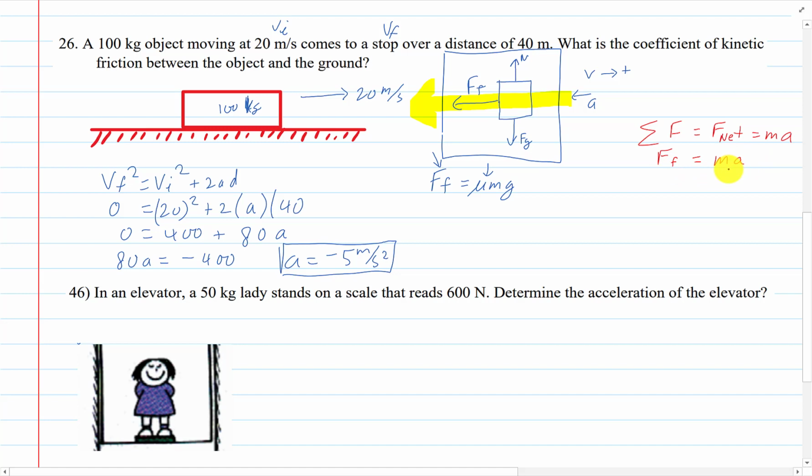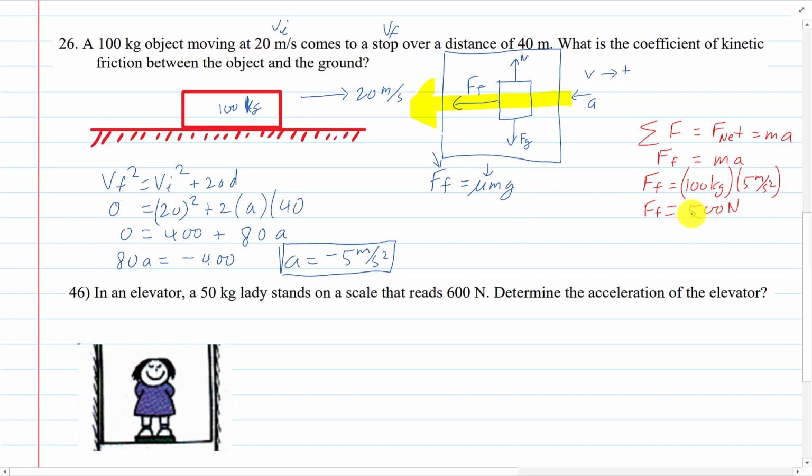So we have m, we have a, so we can get the force of friction. Because it is the net force, and we know what the net force is, do we? It's 100 kilograms and accelerating at 5 meters per second squared. Now it will be negative because it's in the opposite direction that I said was positive. So this is going to be 500 newtons is the frictional force.